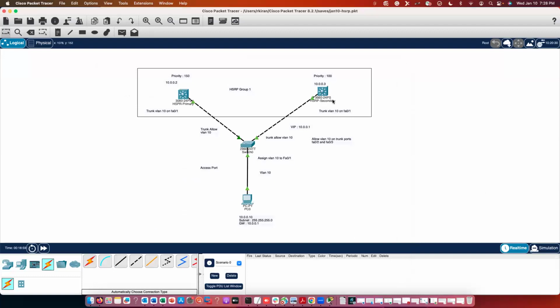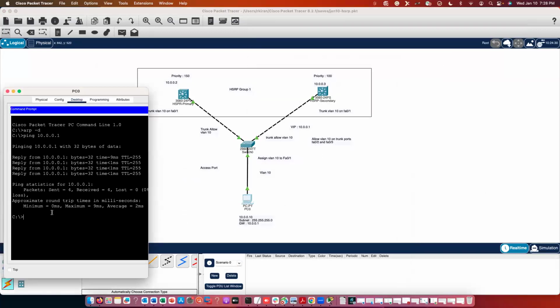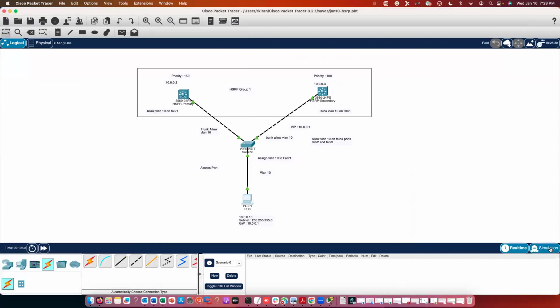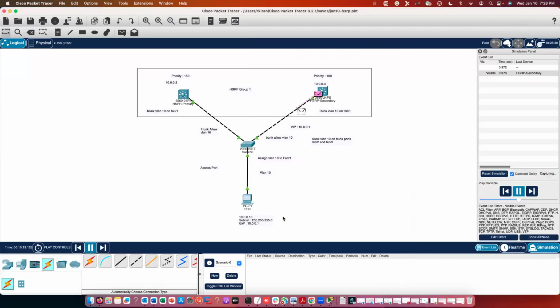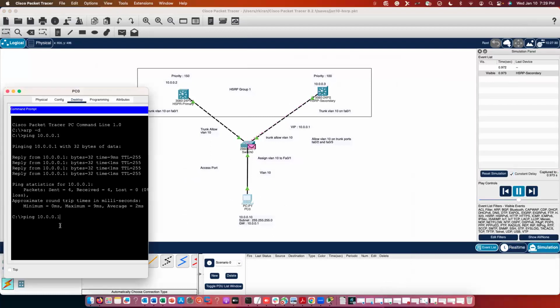So when we adjusted the primary, now when I generate the traffic from here, this one should be broadcasted and this one should be replying back, not that one. So I'm going to start the simulation again. Start it, and then go here.